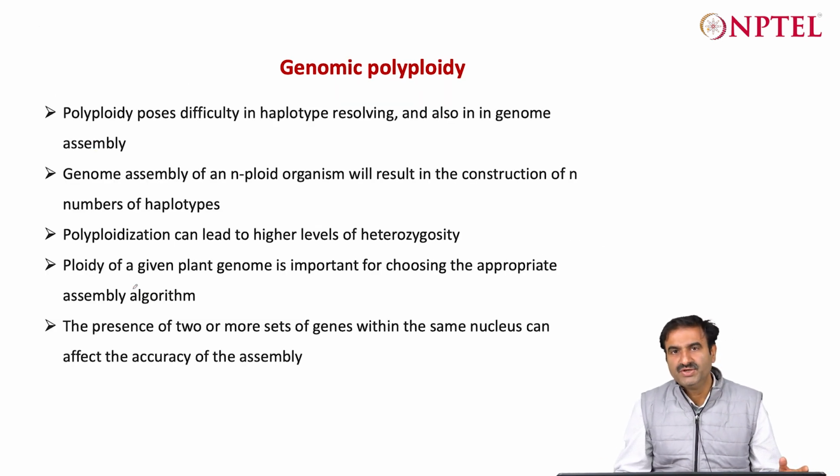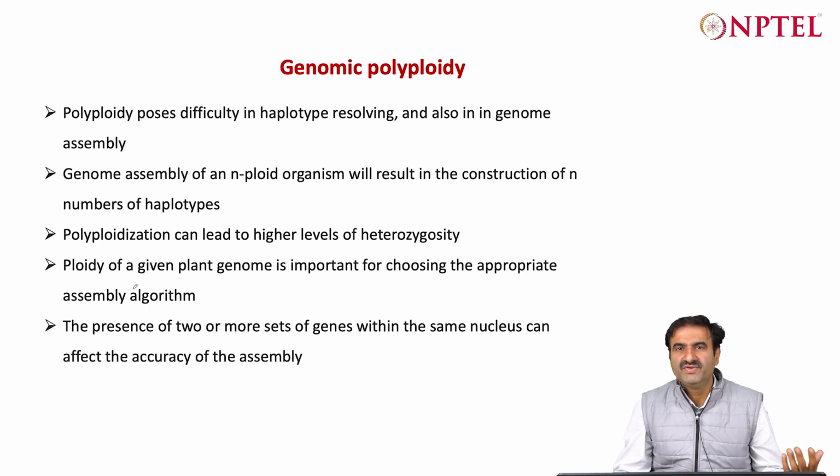Determining the genome haploidy or polyploidy is very important, because you have to report it. When you are doing a new genome, you have to report in your paper what the ploidy level was. Based on the ploidy and heterozygosity, you will get some genome statistics.